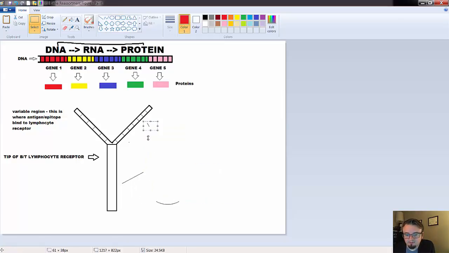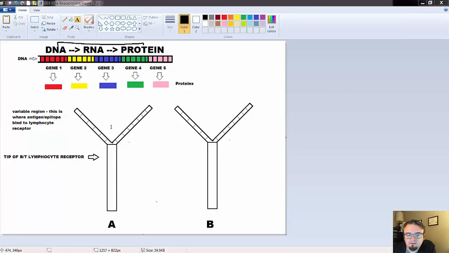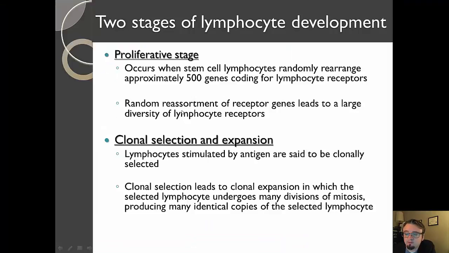Let me make a duplicate of this to show how 2 of them might differ. Here I've created 2 receptors, receptor A and receptor B, and each correlates with a different potential lymphocyte.